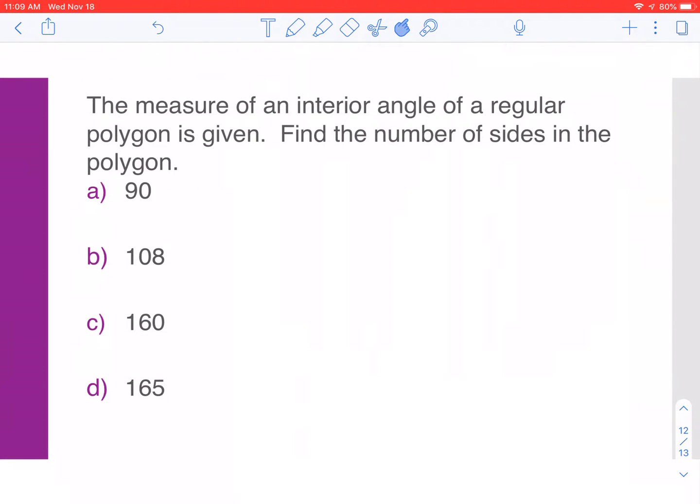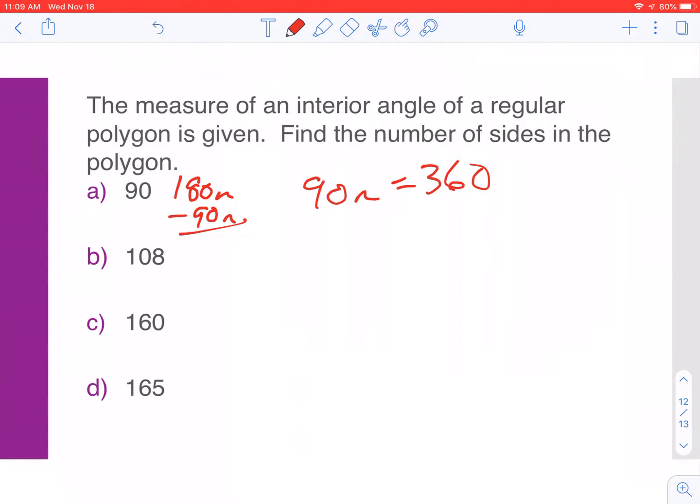Okay? So once again, we're going to do that for each of these. So 180n minus 90n equals 90n. I'm not going to write the equal sign there, too confusing. Equals 360, n equals 4, right?